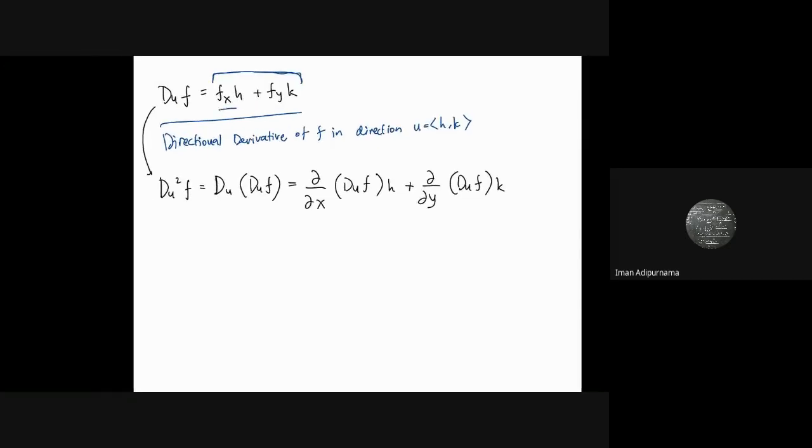If you look here, f partial x and partial y, when we take partial with x, we will have partial x x and partial y x, right? So we will get partial x x and h, plus partial y x and k, and then h.